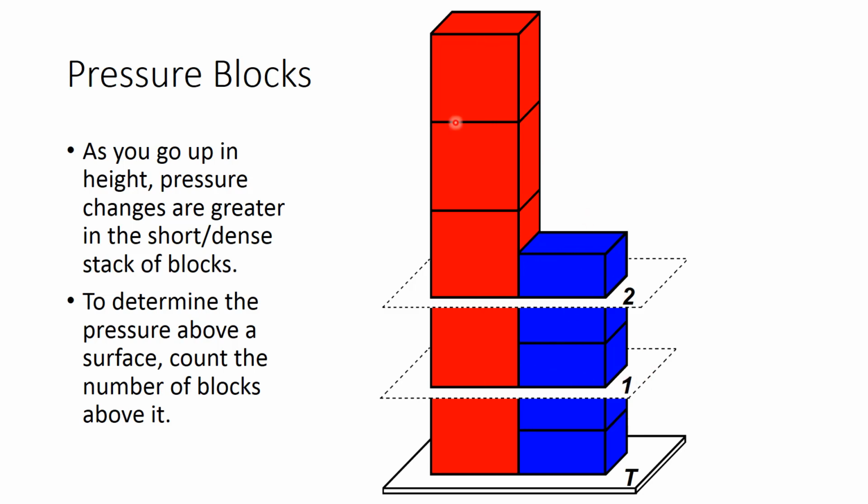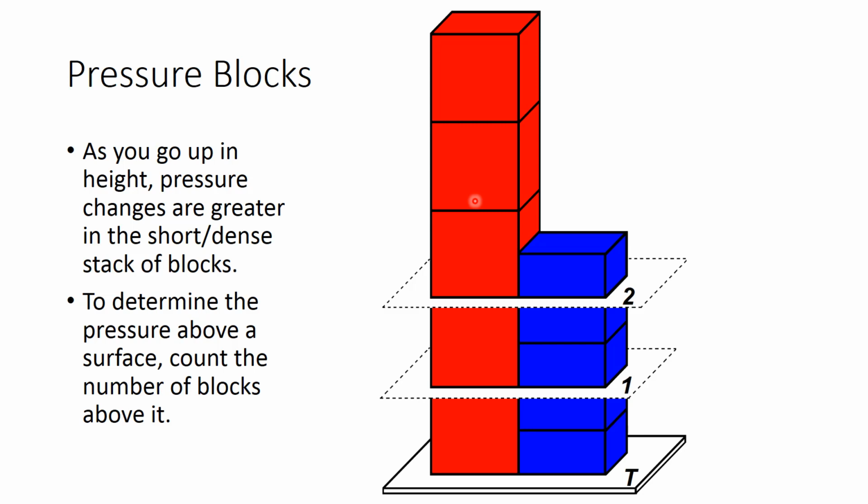Down here, the difference was one thing, but if you actually went up, it ended up being even larger. And again, I'm not going to give the answers away, but just know that as you're going up in height, the difference between the two stacks, the difference between the pressure exerted at that surface becomes greater.